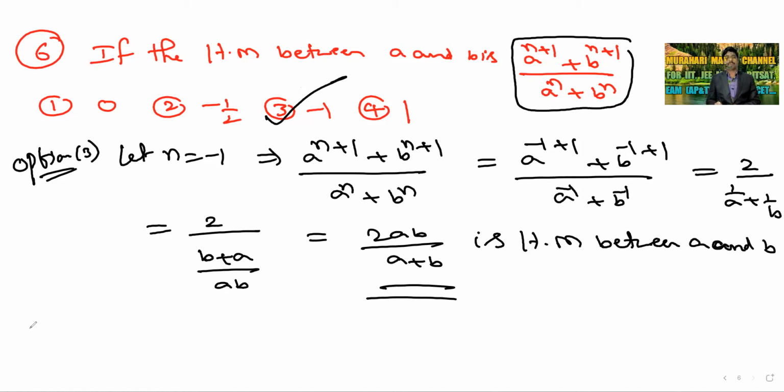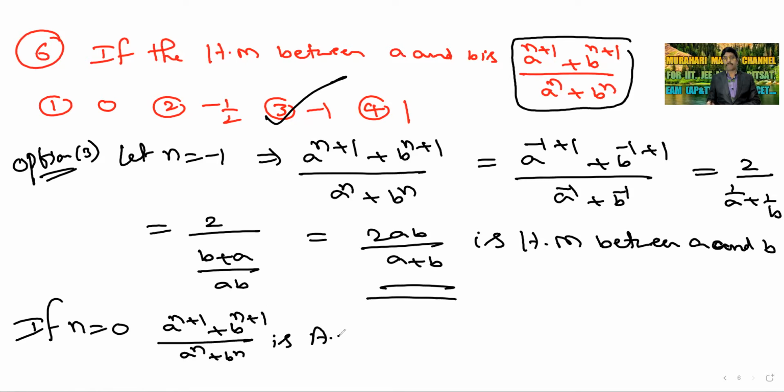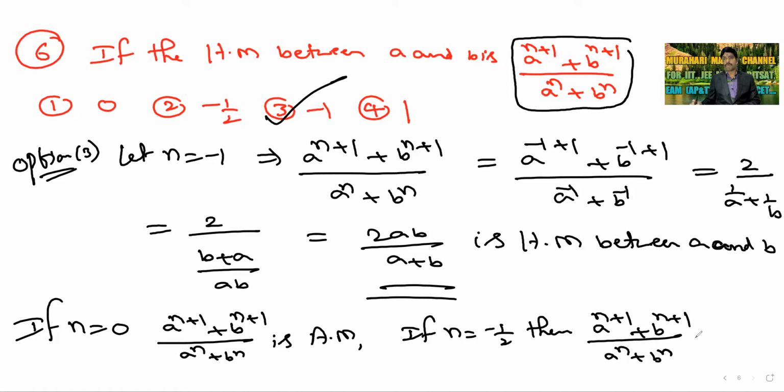If n is equal to 0, (A^(n+1) + B^(n+1)) / (A^n + B^n) is the arithmetic mean. If n is equal to minus 1 by 2, then it is the geometric mean.